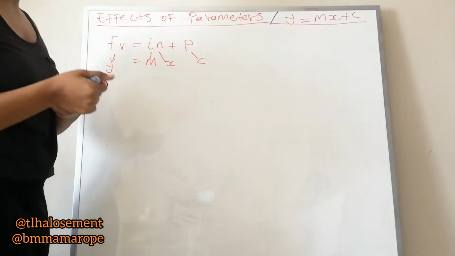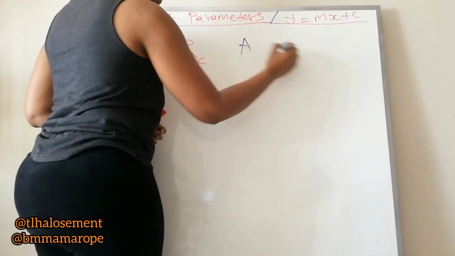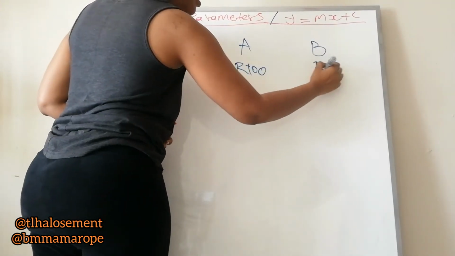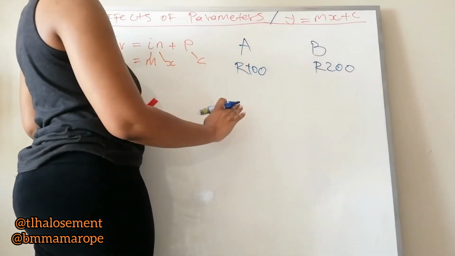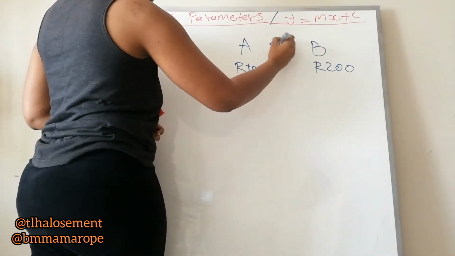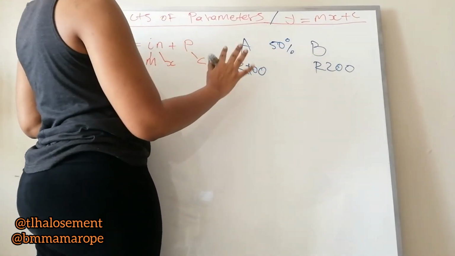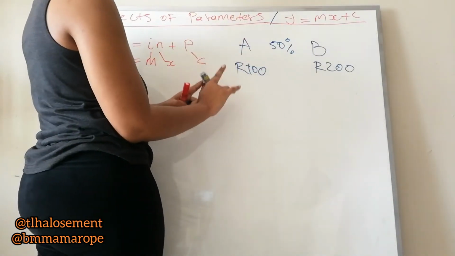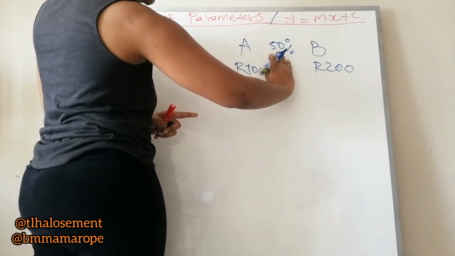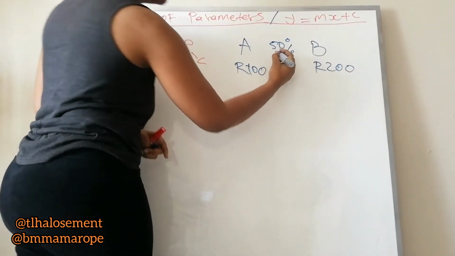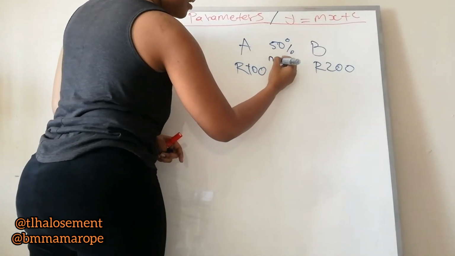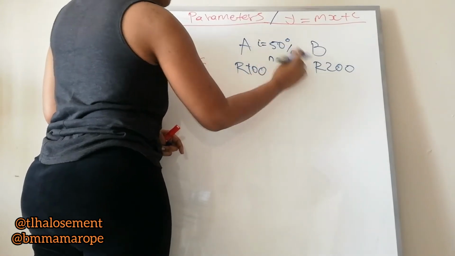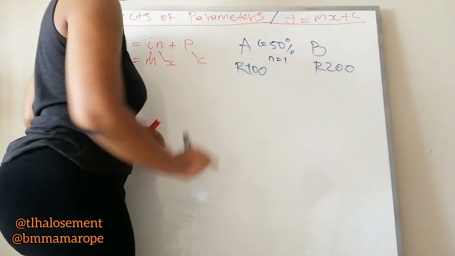In the previous example, we spoke about person A and person B investing 100 Rand and 200 Rand in their accounts, at 50% interest, for the same amount of time, which means N is the same. Let's say it's 1 year. And they have that amount of money.